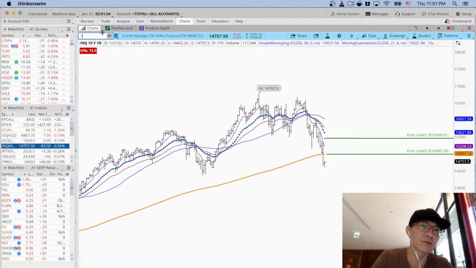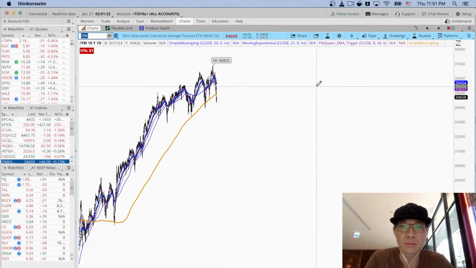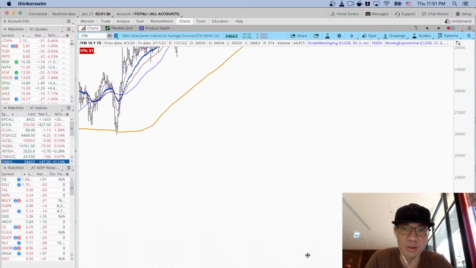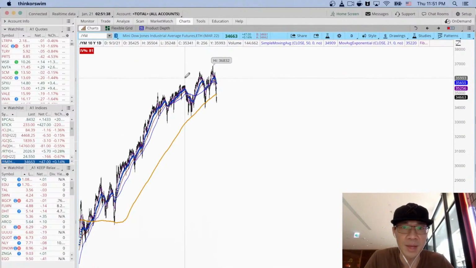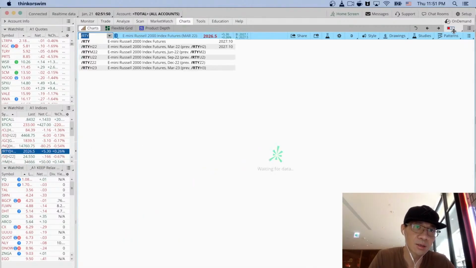What else do we have? Mini Dow. All right. So trading below that 200 moving average in the futures. I'm not saying in the ETF side, but over here, if we can't recover this, we start to establish lower lows, things may get interesting.